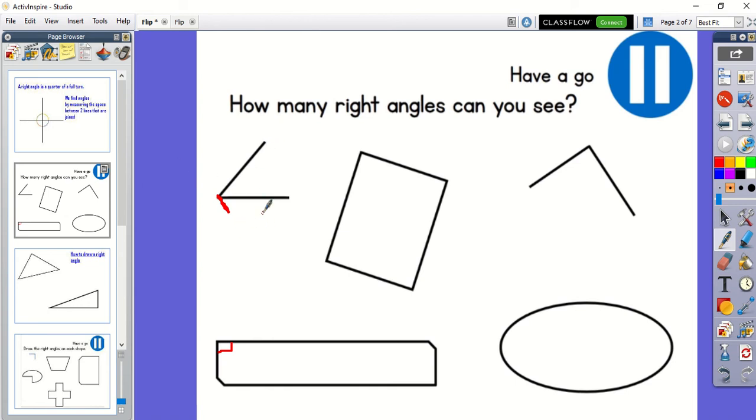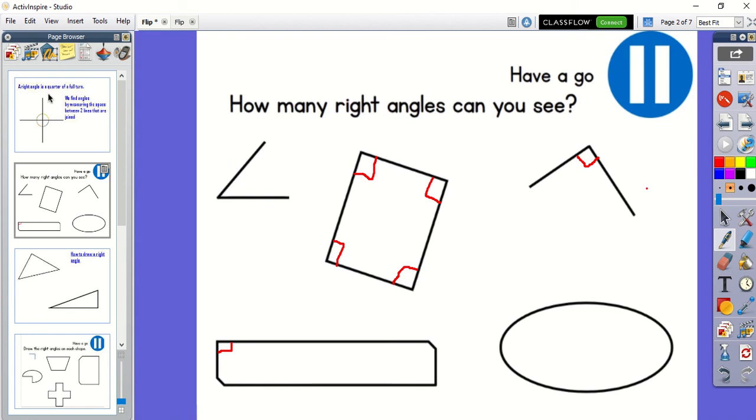Or where would 9 o'clock be? So as you can see, this is not a right angle. This shape does have some right angles. It's got 1, 2, 3, 4. 4 quarter turns. And this one does because it has one right here. Okay, so well done if you've got those.